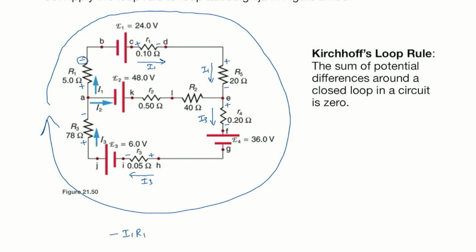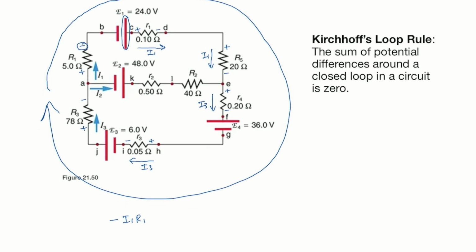Okay. We keep traversing. Next is EMF E1. We see the long line of the symbol. That's the high side of the battery, the plus side. And so we can write plus, and I'll just use E1. You could use EMF1.